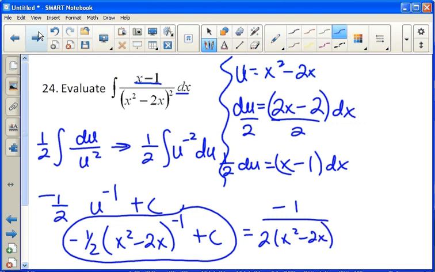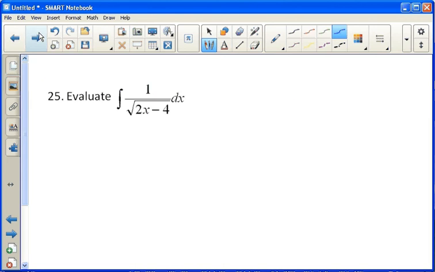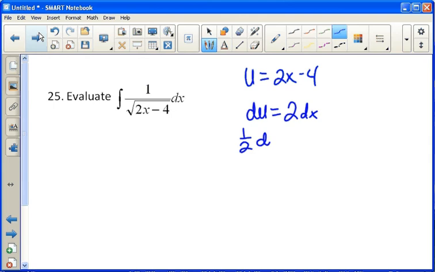Two more. On 25, we're still using more u sub. U is equal to 2x minus 4. The du would just be 2 dx. Well, we don't have 2 dx, we have 1 dx, so we'll have to divide by 2. And we get 1/2 times the integral of du over the square root of u, or 1/2 u to the negative 1/2 du.